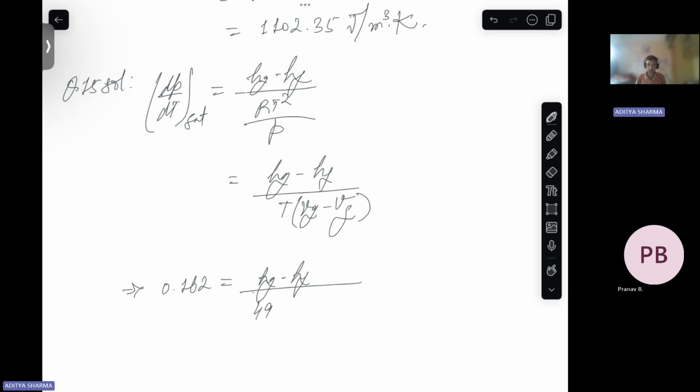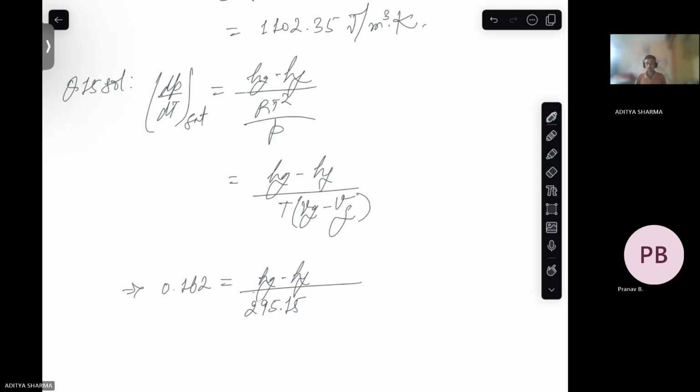Temperature has been given as, sorry, 22 degrees Celsius, that is essentially 295.15.